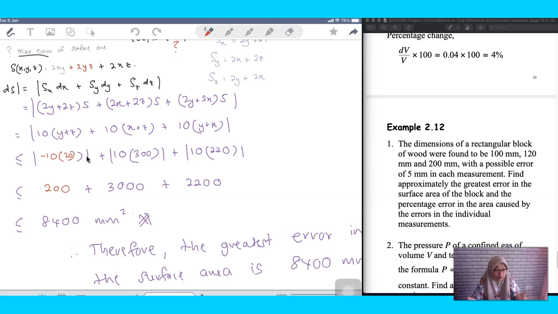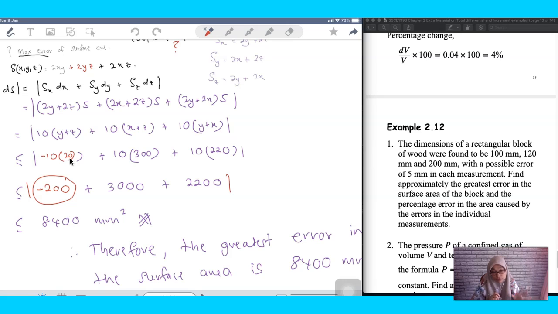So that is the way that you have to do it. But let's say some of you forgot to calculate each term with the absolute sign. Can you see what happens if you forget to put the absolute sign for each term? You will compute it as negative 200 and then total, so the answer is not correct, because this term should be positive.